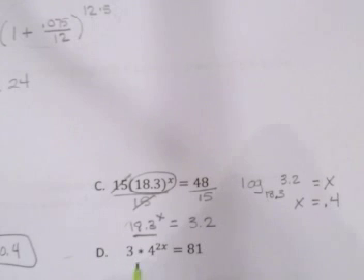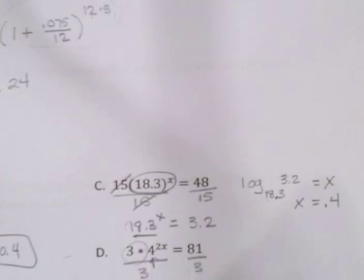The last one is very similar to C in that I'm multiplying right here, and I've got to get rid of that multiplication before I can take the log. So I'm going to say this is 4 to the 2x power, and that is equal to 81 divided by 3, which is 27.